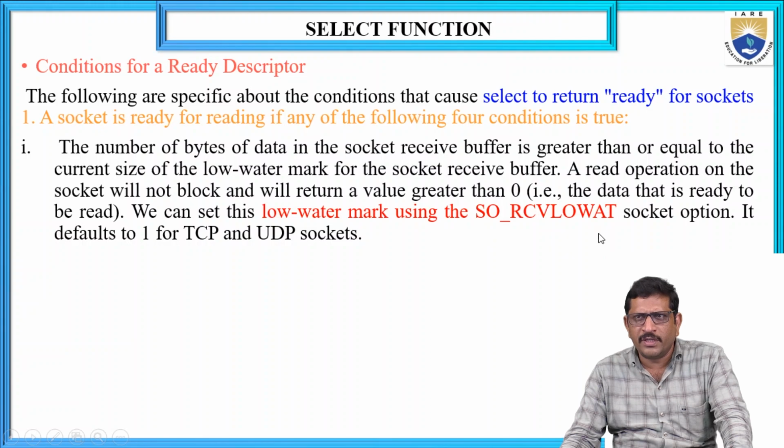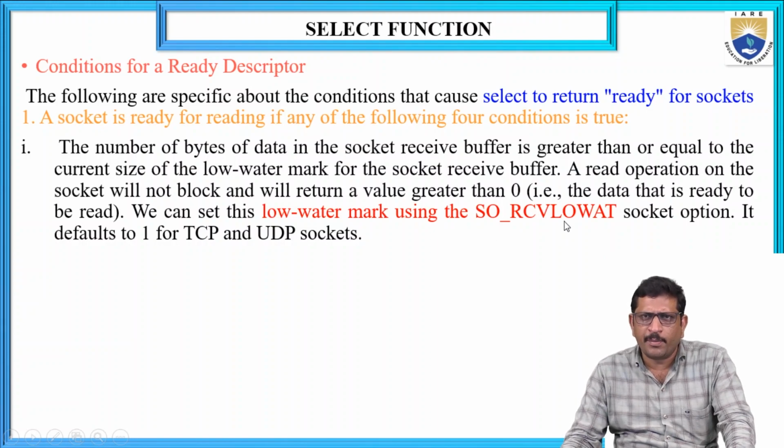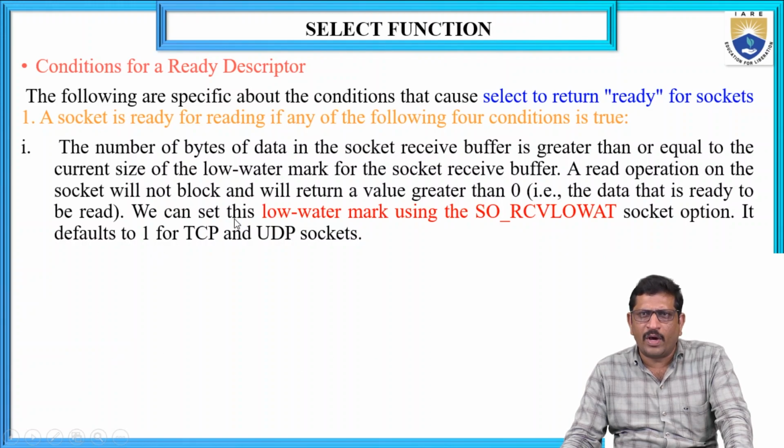By using SO_RCVLOWAT, the receiving low watermark can be set. That is a socket option. It depends upon the socket option, so it defaults to 1.